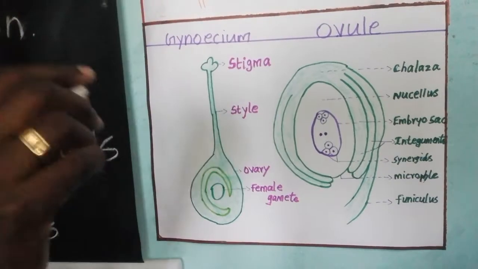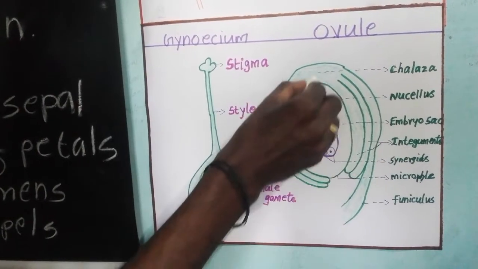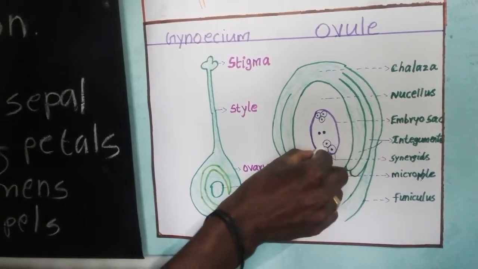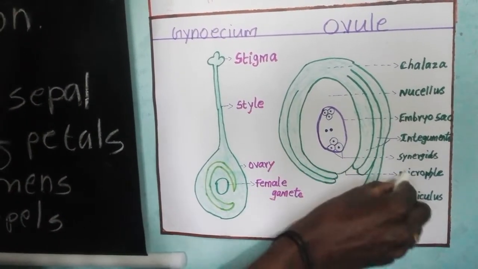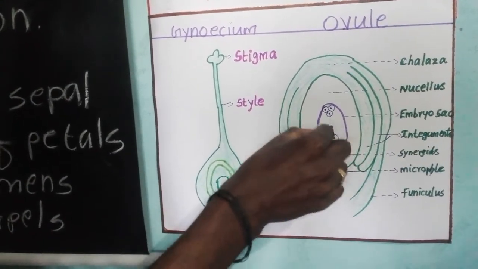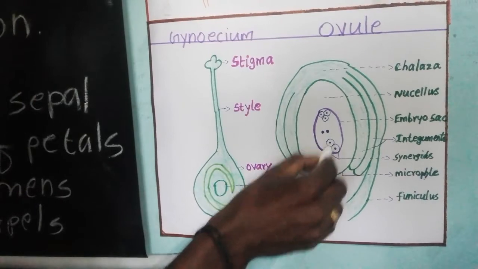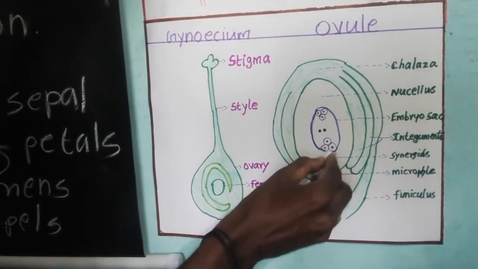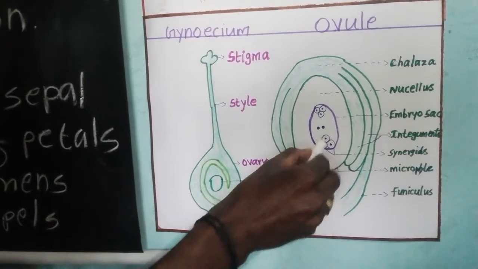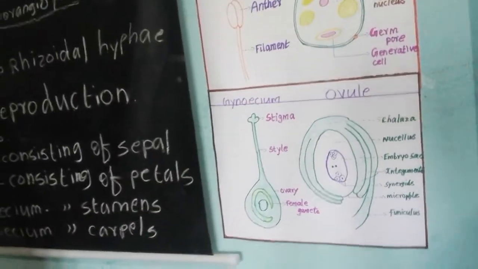Three cells are on the side of the chalaza, and down near the micropyle there are also 3 cells, and in the center there are 2 cells. Of the 3 cells near the micropyle, one cell is the female gamete and the remaining 2 cells are synergids. So this is all about the gynoecium, the female reproductive part.